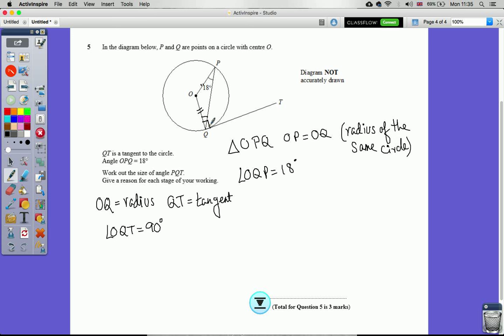So therefore, angle PQT is equal to 90 degrees minus 18 degrees, which is 72 degrees. So that's your answer, 72 degrees.